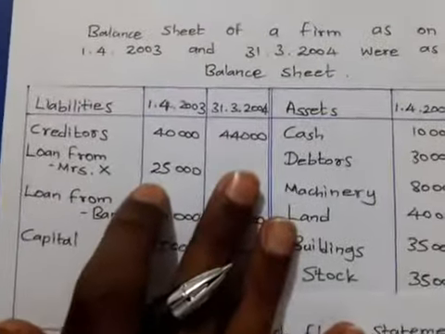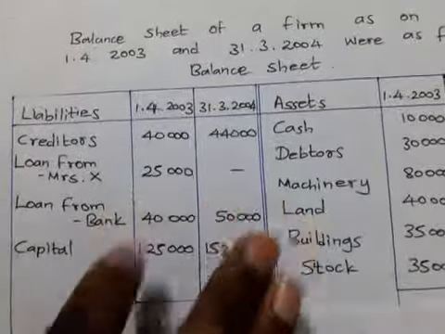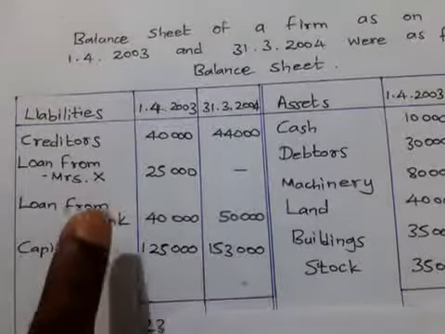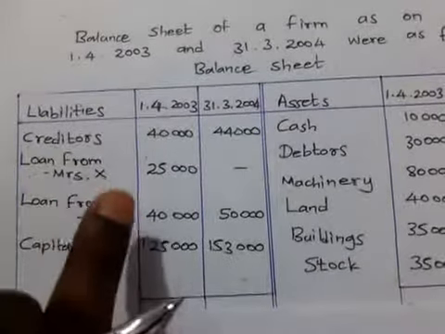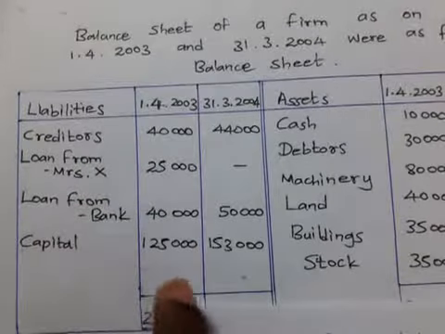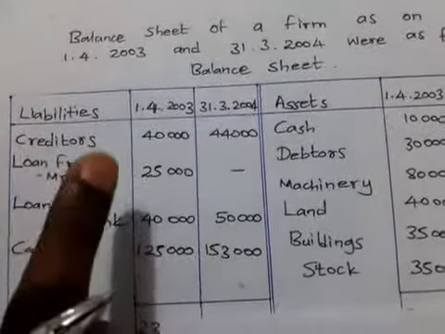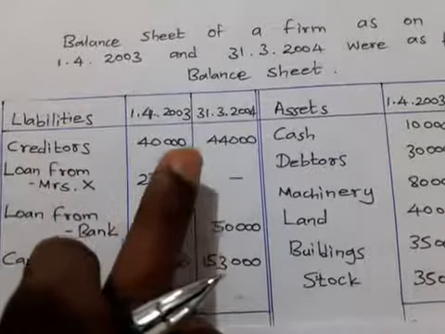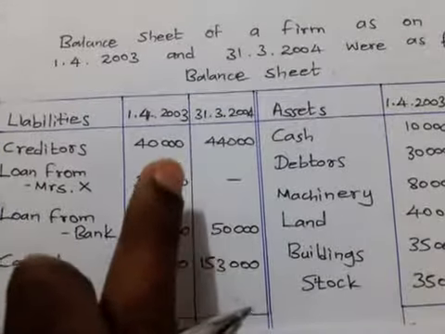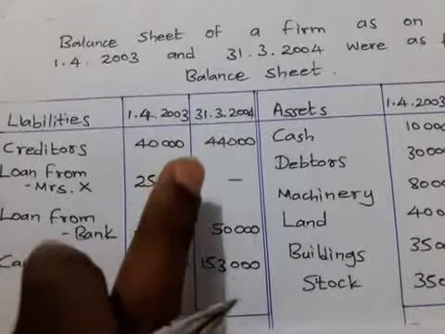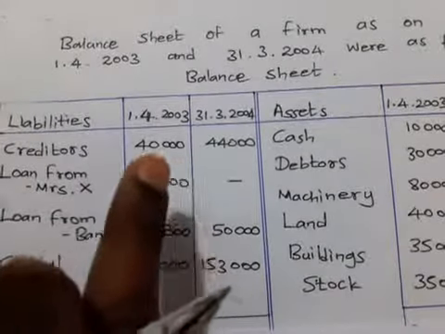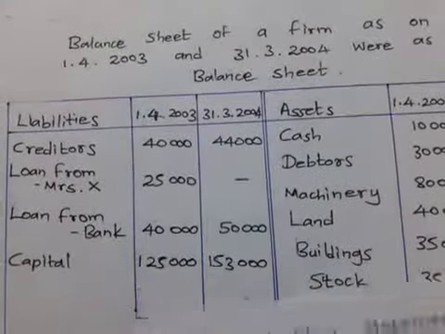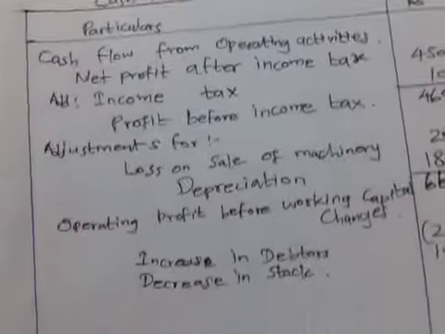We have to check whether any current liabilities are here or not. Creditors are here, and the loan is not a current liability, and loan from bank also is not a current liability, so they are capital. We have to record the increase of creditors. Whenever creditors increase, that means current liabilities increase, at that time cash inflow, so we have to add this increase amount, 4,000.